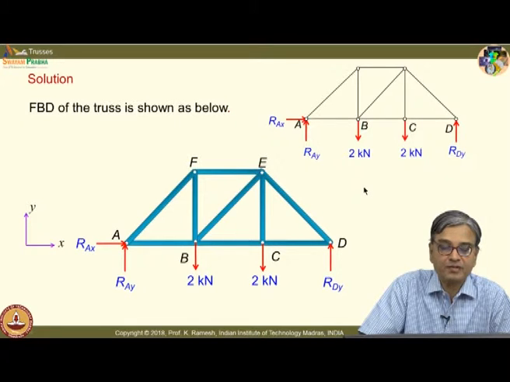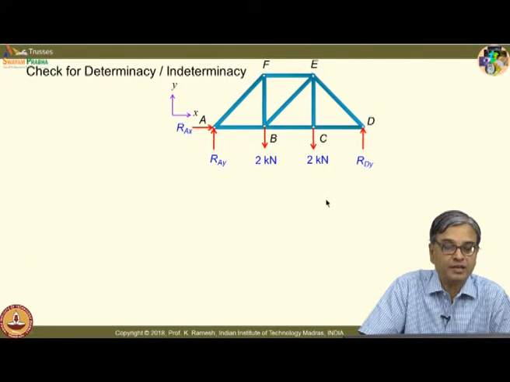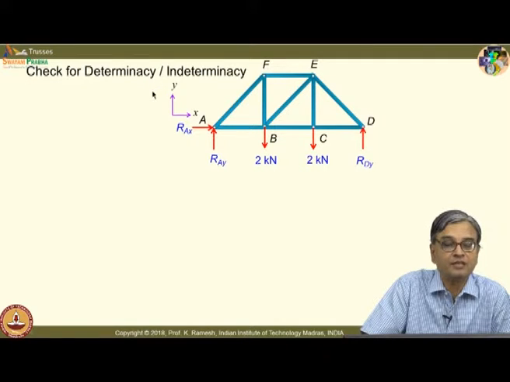And the next step is to find out the unknown forces, but before that we will also check whether the problem is solvable by using the equations of statics. So, you check for determinacy or indeterminacy. You will say how many joints are there.